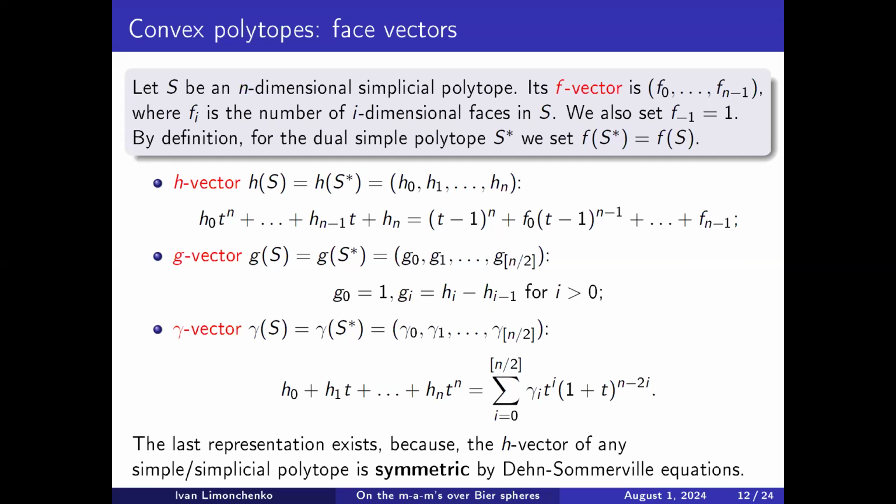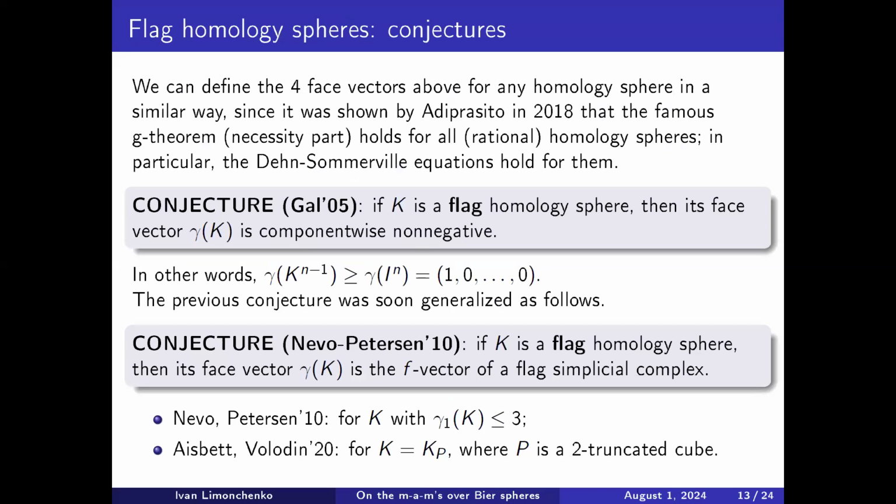These are formal definitions, and our results are concerned with gamma vectors, because I would like to consider today the next four conjectures in enumerative combinatorics of flag homology spheres.